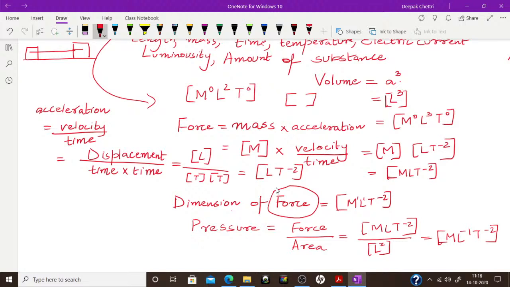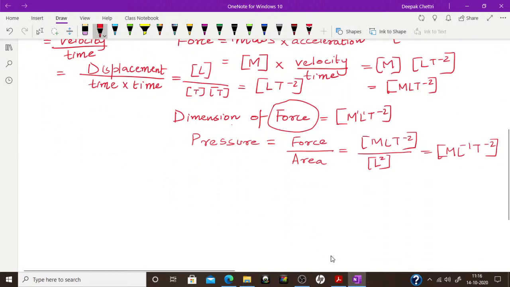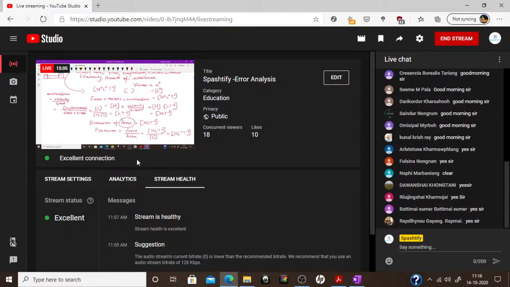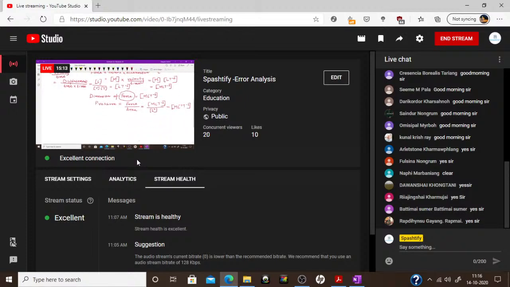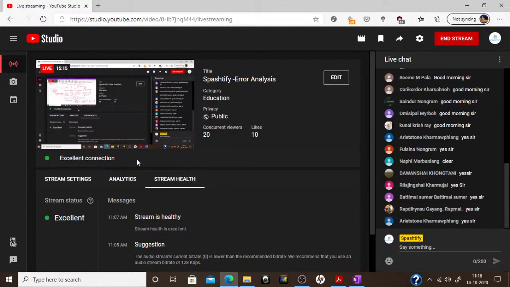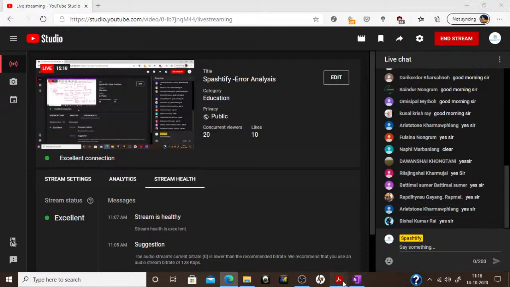I just took this L square to the numerator and the power becomes minus 2. So plus 1 and minus 2 gives me minus 1. Is it clear? Yes or no? Okay, so that is your dimensions.